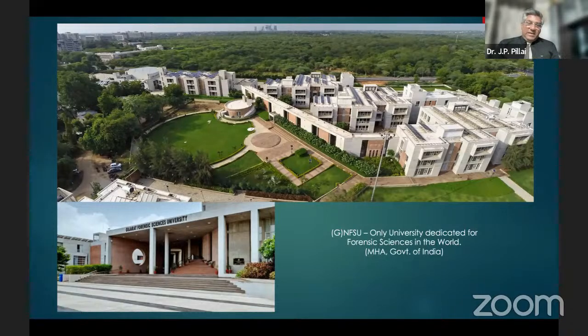It is now rechristened or converted into a university of national importance, under the Ministry of Home Affairs, Government of India. So this is now the National Forensic Sciences University. There is a collaboration with GDCH Ahmedabad for imparting theoretical as well as practical knowledge on the forensic odontology subject.